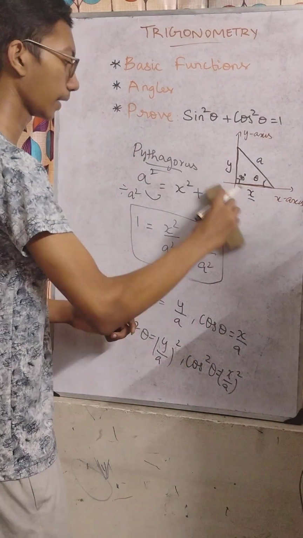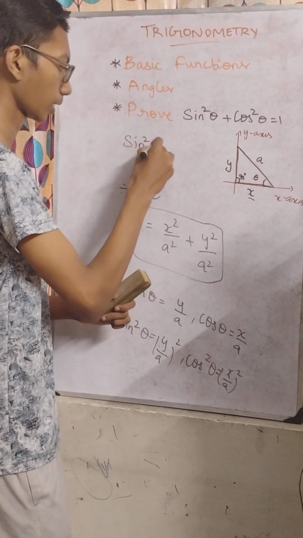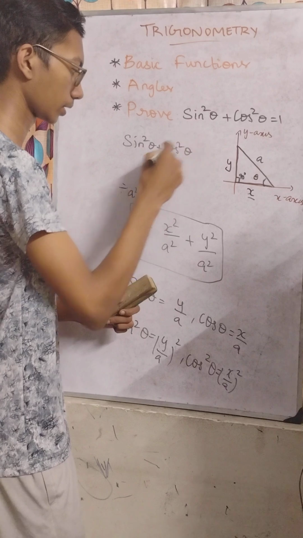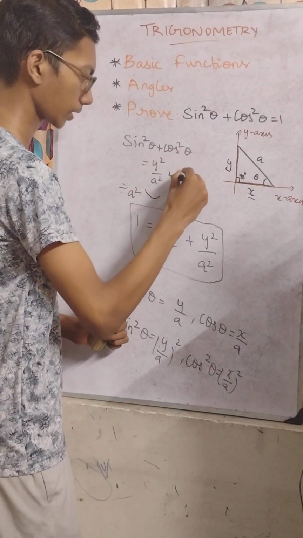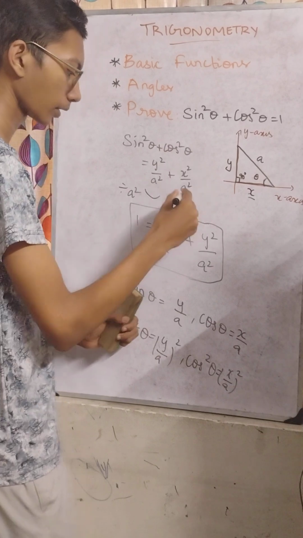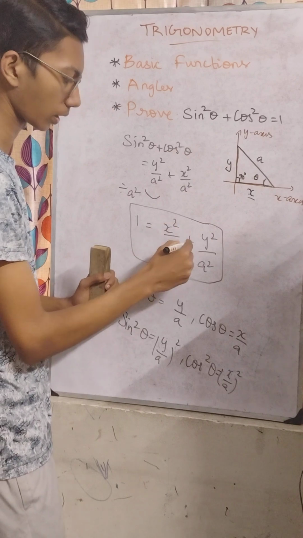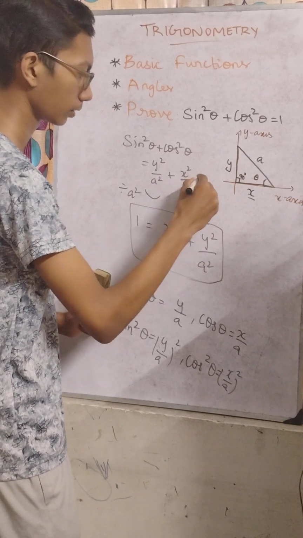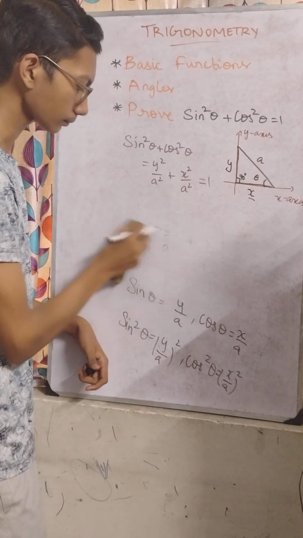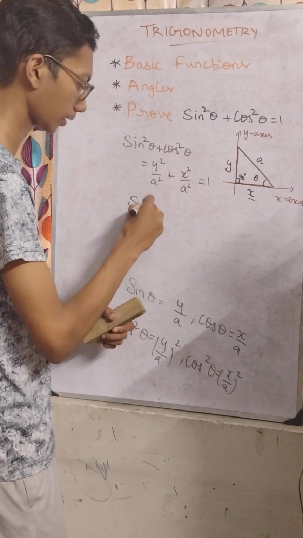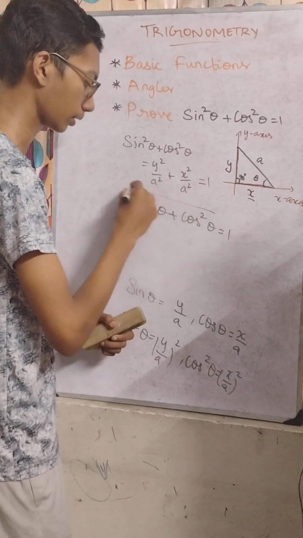Adding both, sin square theta plus cos square theta equals y square by a square plus x square by a square. From the same triangle, we got x square by a square plus y square by a square equals 1. That's how the identity is formulated. So we can conclude that sin square theta plus cos square theta equals 1.